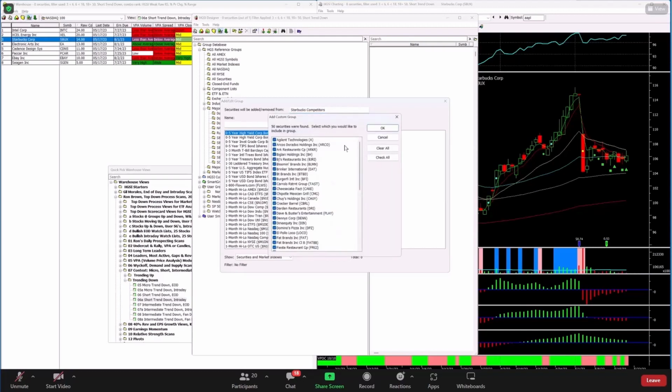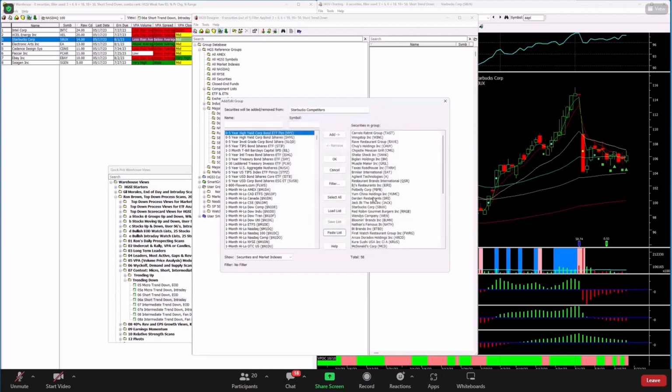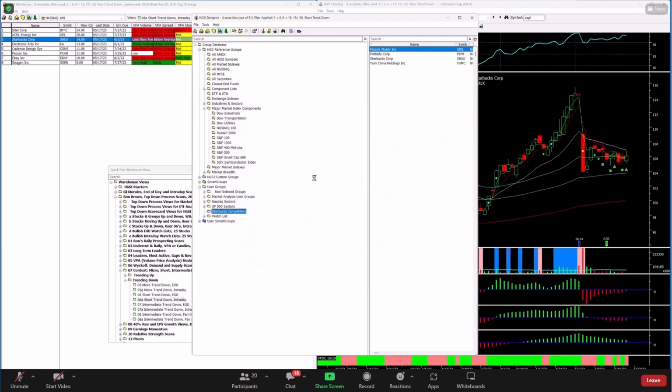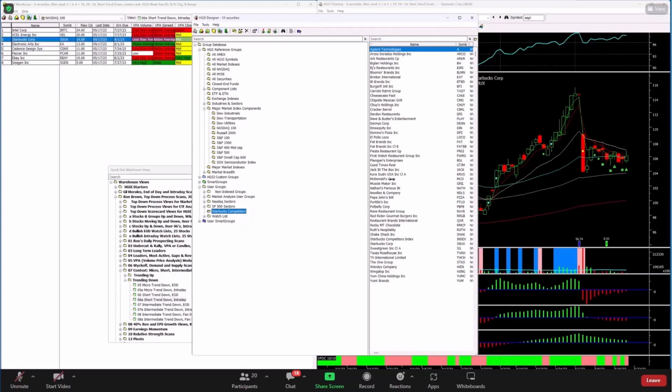And I'm going to paste that list. That Control C copied this. Suddenly I have a list of Starbucks competitors. I can generate an index if I want to. I clicked up here on the filter while holding my shift key. That releases the filter and you can see all of these are in here.